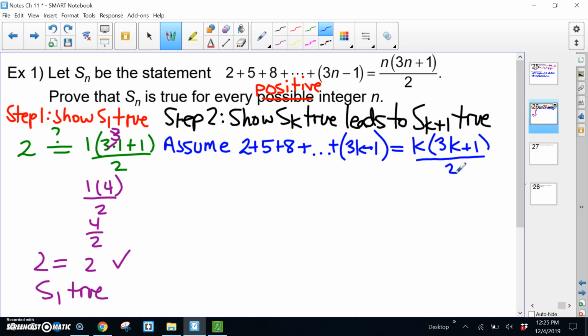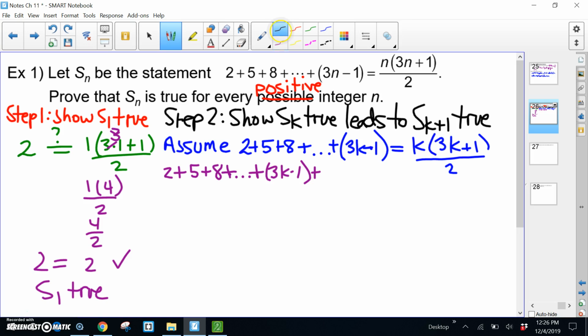So look at what we've got. We've got 2 plus 5 plus 8 plus ... plus 3k minus 1. It sure looks like I'm just copying down the statement, okay? But I've got to add the next term on there.